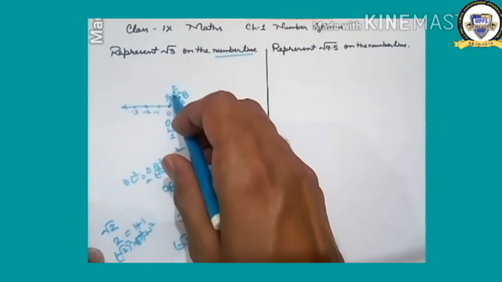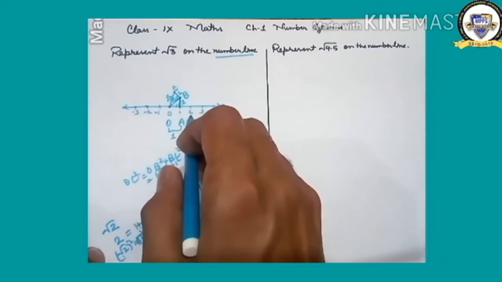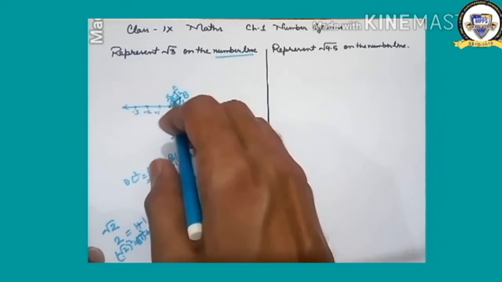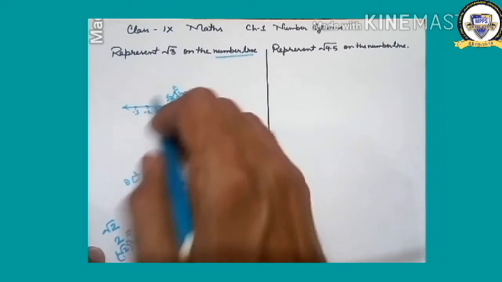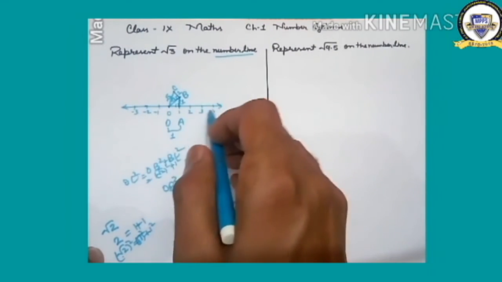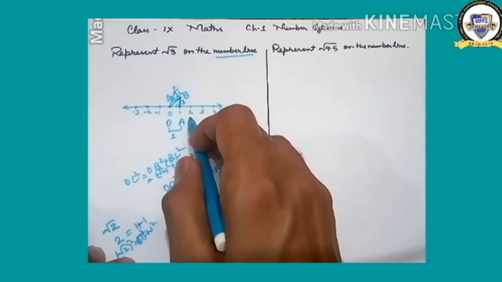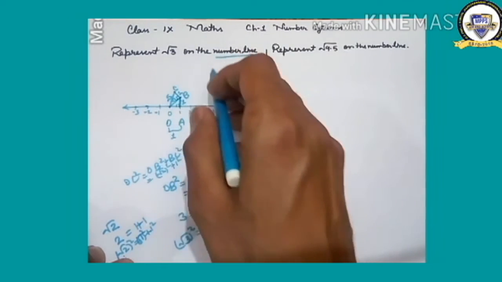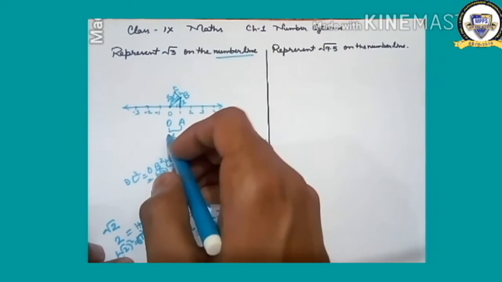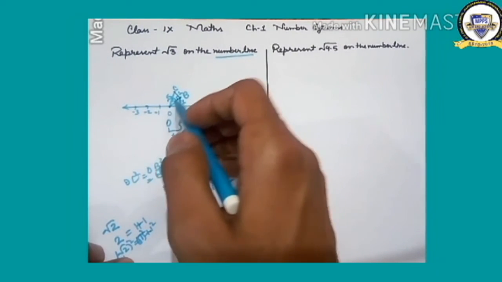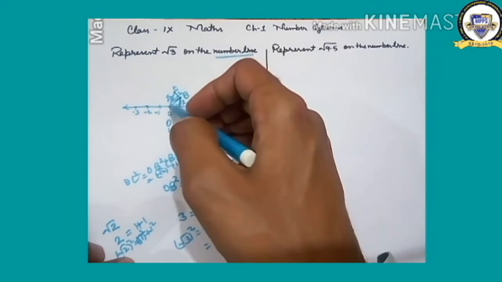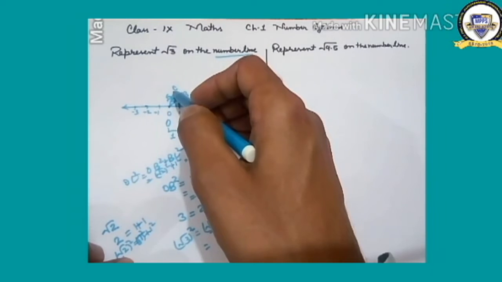But this is not on the number line, because you can easily see that the number line is here, but you have got OC equal to square root 3, which is not on the number line. For representing square root 3 on the number line, you have to take a compass whose pointer should be on point O and radius as OC.